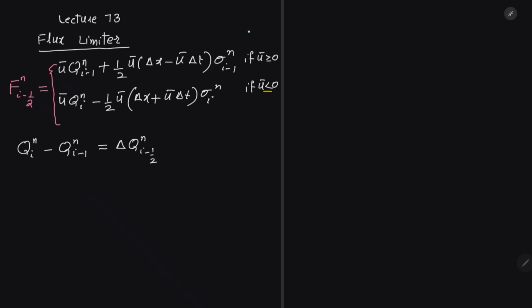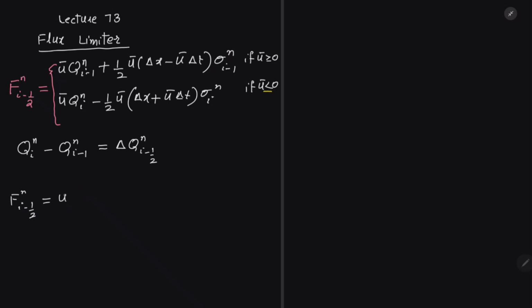Rather than writing flux in this piecewise construction, let me write this in one formula where we can cover these two functions in one equation. Suppose we have Fn I minus 1/2, the flux at I minus 1/2, whether u bar is greater than 0 or less than 0.